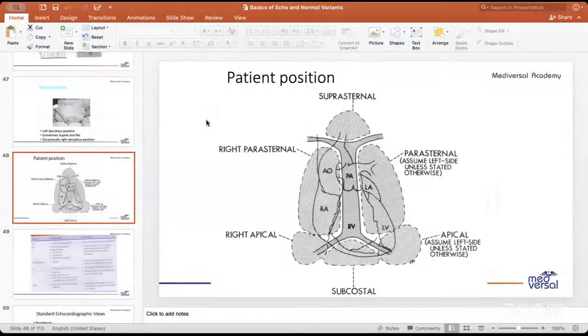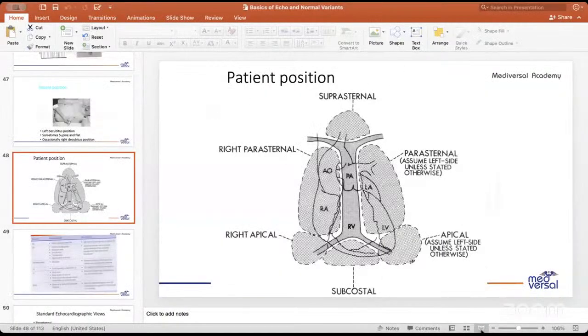And the parasternal left side is the basic view in which you can see the heart, the LA, the RV, the left ventricle, and I think the slides have got, I cannot visualize. And there's an apical view in which you see all four chambers. That is known as the apical four-chamber view.